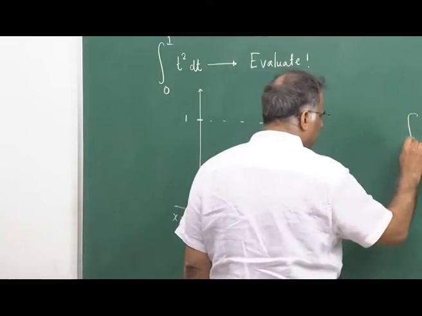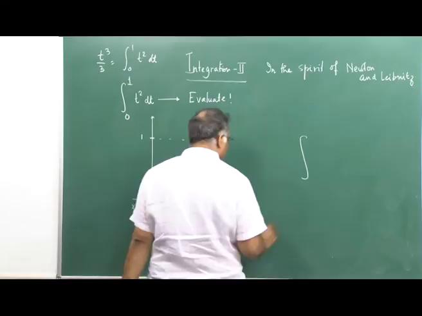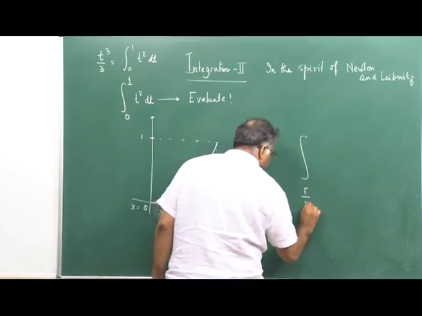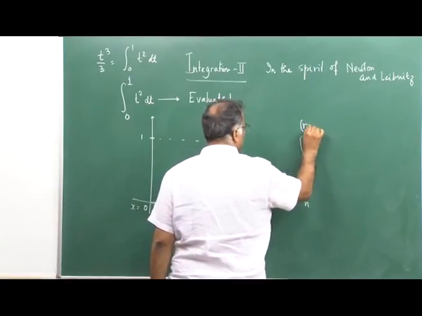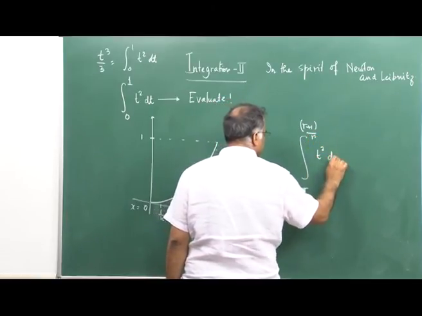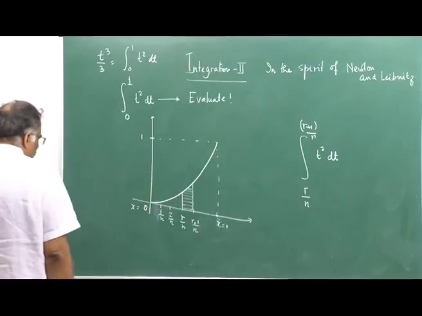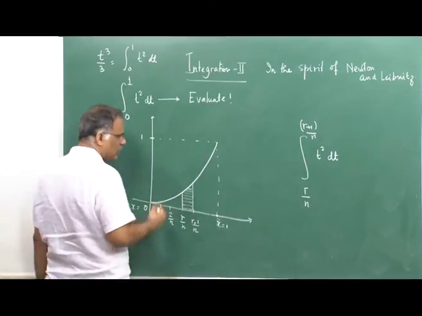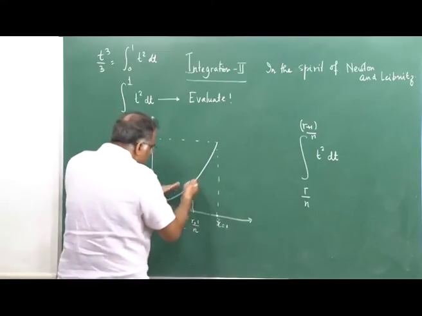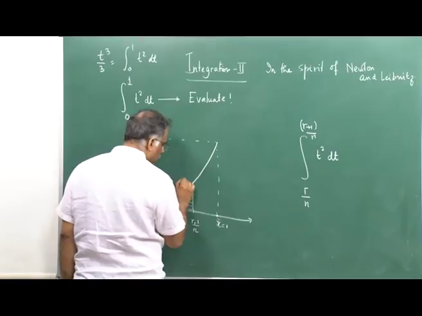If I write it in symbolic form, it is the integral from r by n to r plus 1 by n of t squared dt. But let me now construct the upper estimate and lower estimate of this area. The upper estimate means I construct a rectangle of this height.